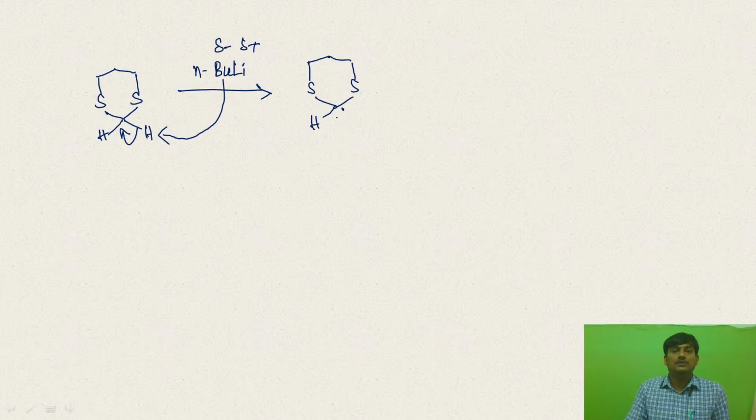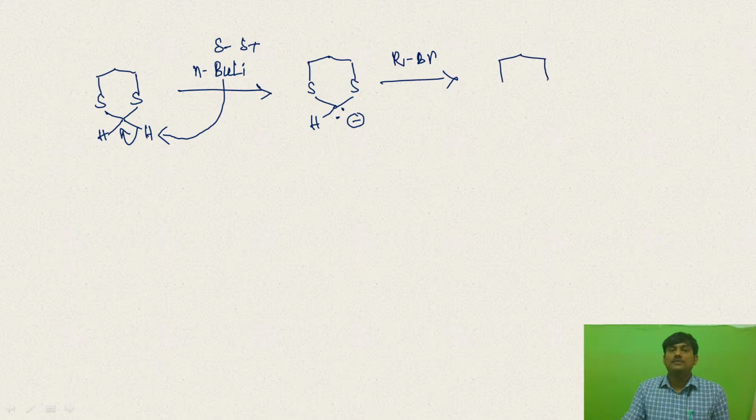This one acts as a nucleophile. When you treat with alkyl bromide or alkyl chloride, alkyl halide, let's take alkyl bromide, there is a formation of monoalkyl substituted 1,3-dithiane.